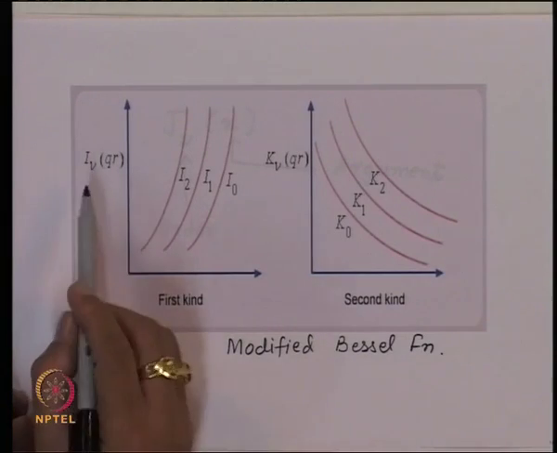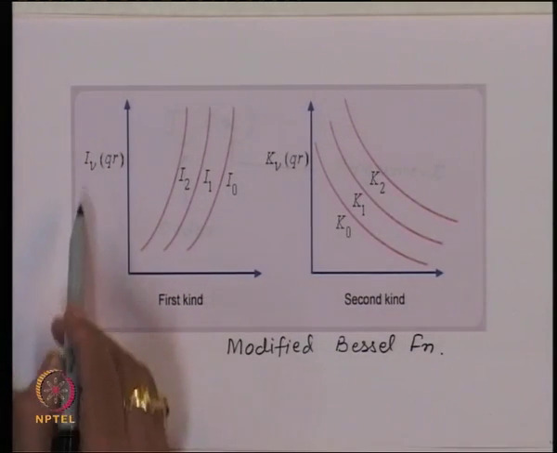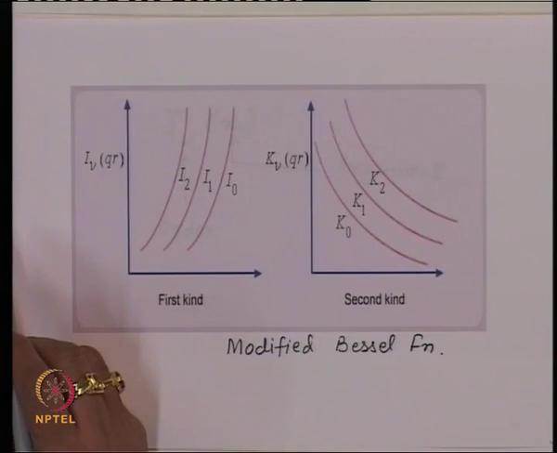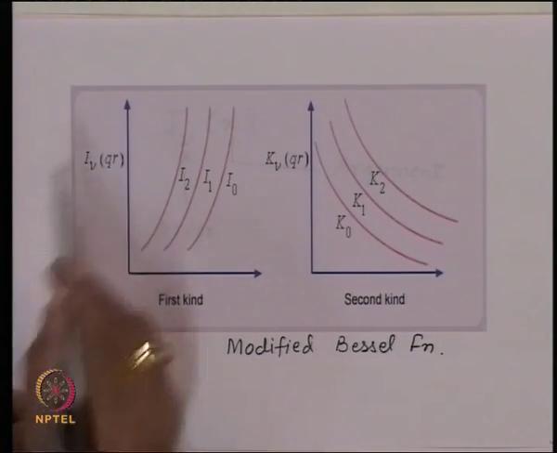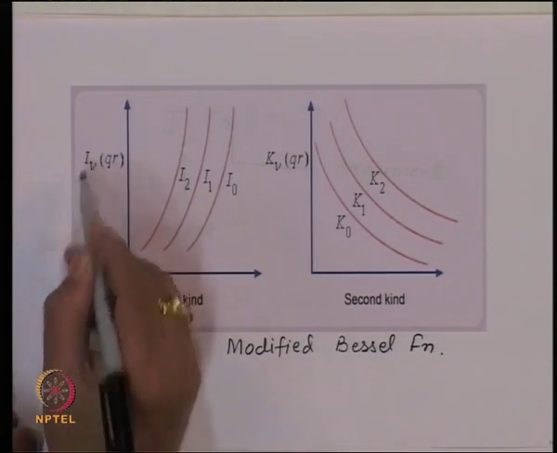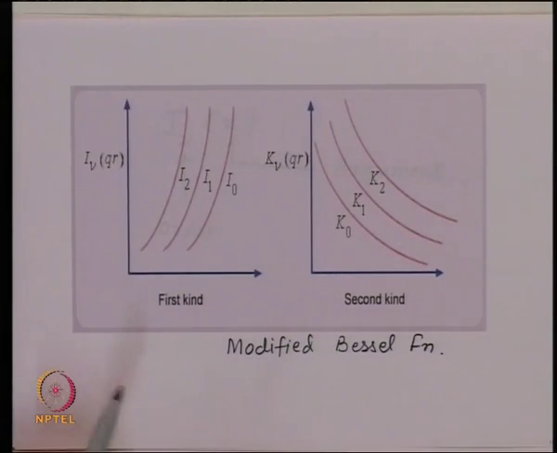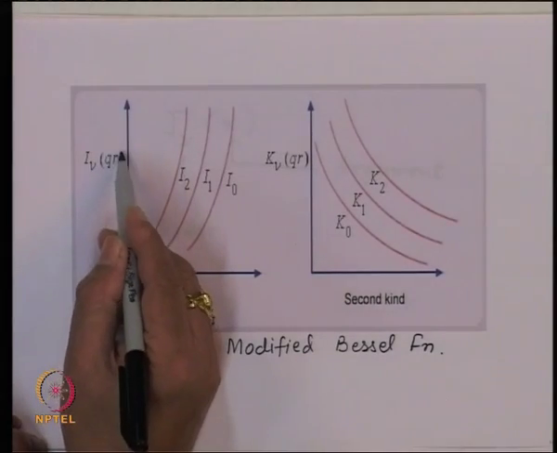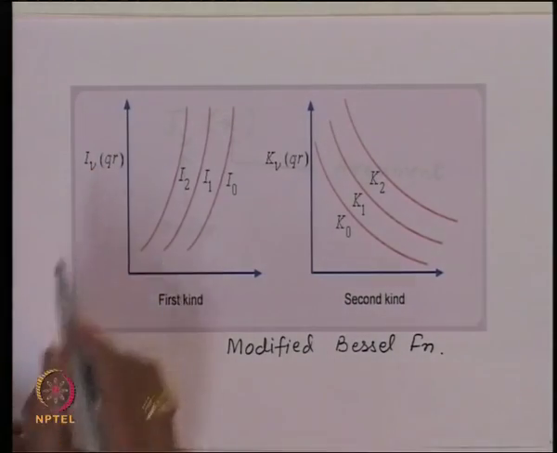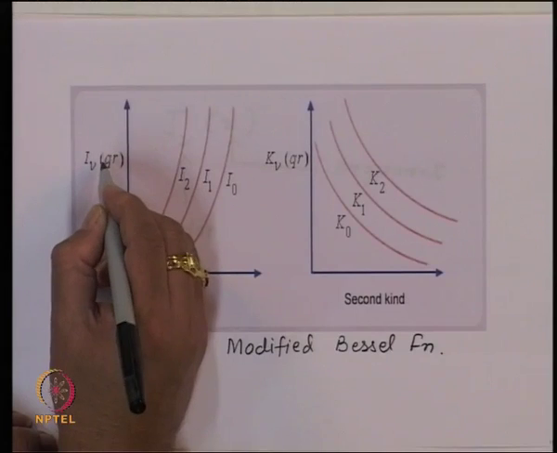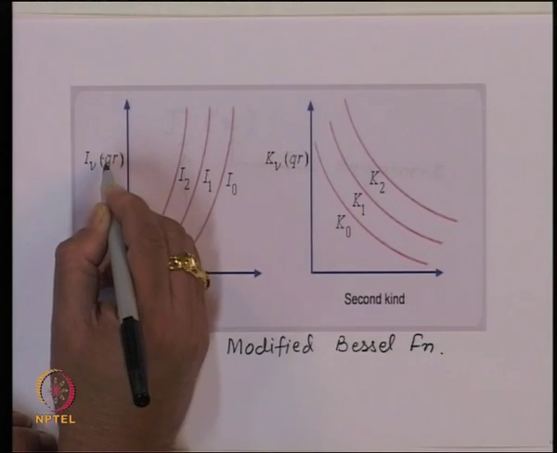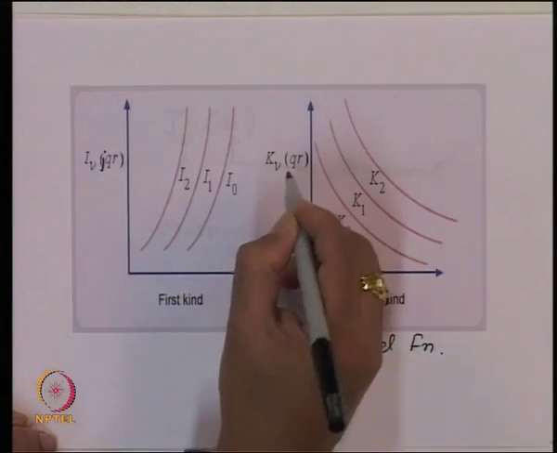And these functions are denoted by I and K. Again, the nu gives you the order, and qr gives you the argument. In this case, again, this argument is real. So essentially, we can say this quantity is j.